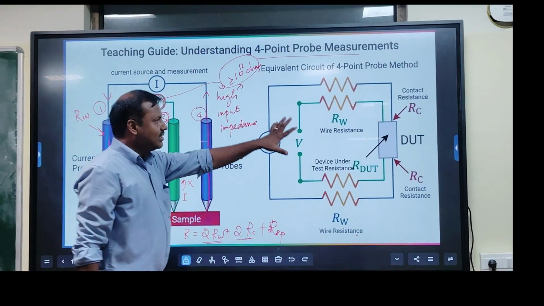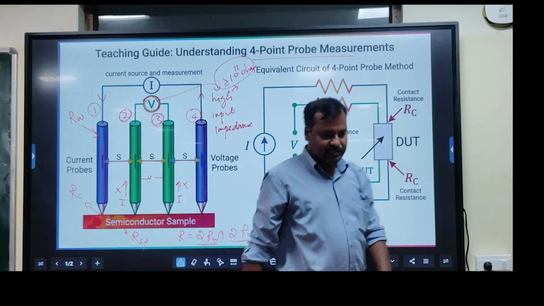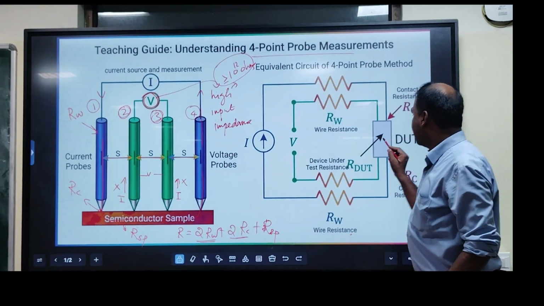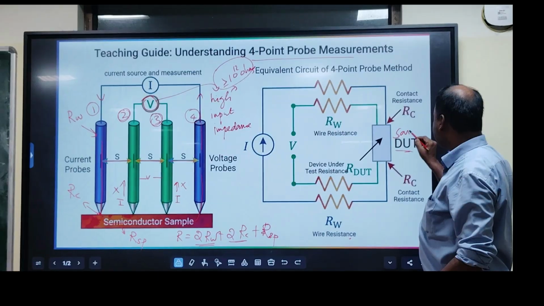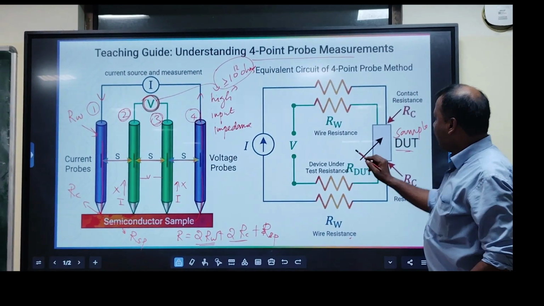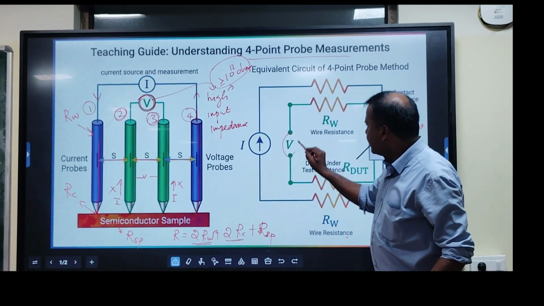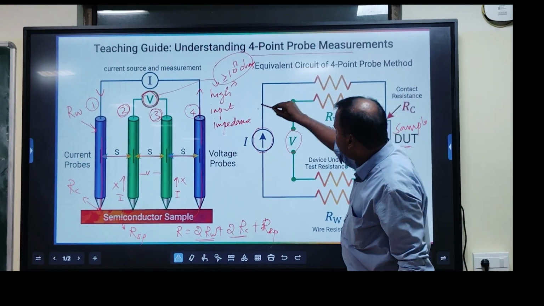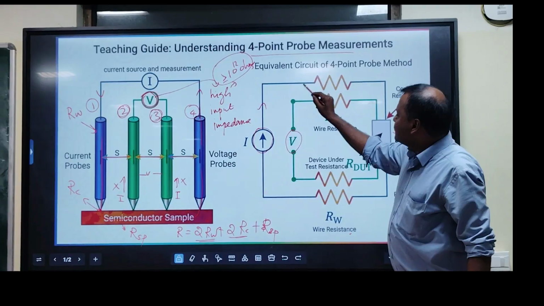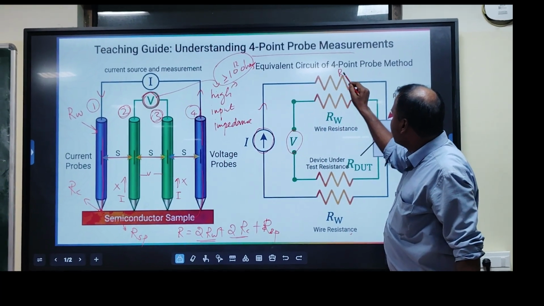And here, this is the equivalent circuit of the four probe method. Here we have the sample, which is called the device under test, or simply the sample. It is connected to the voltmeter and the ammeter, basically the current source. The current flows in this way, and this wire will have some resistance, that is RW.